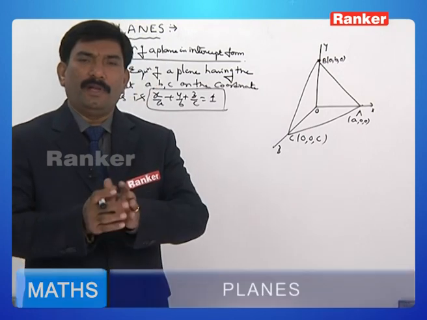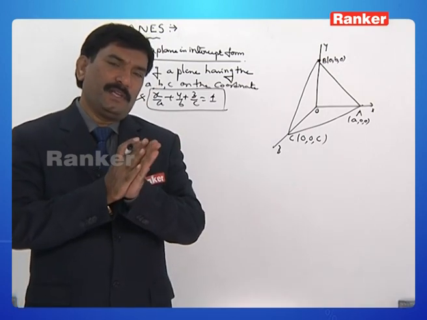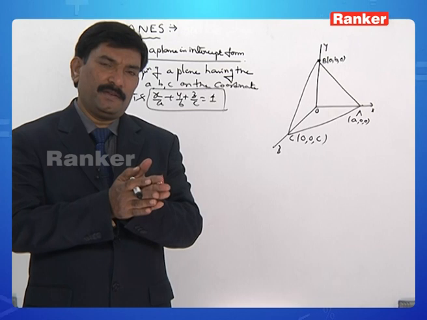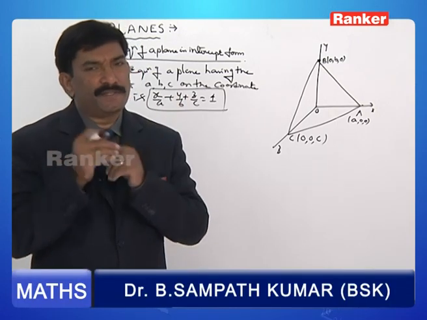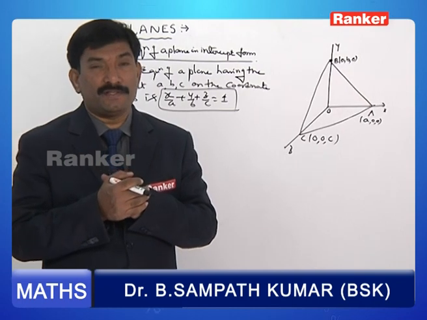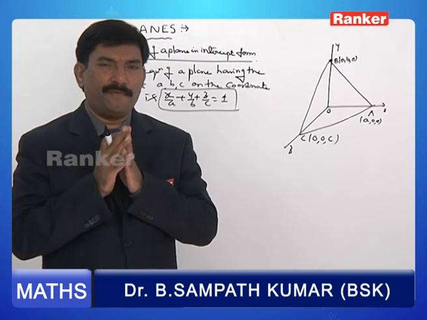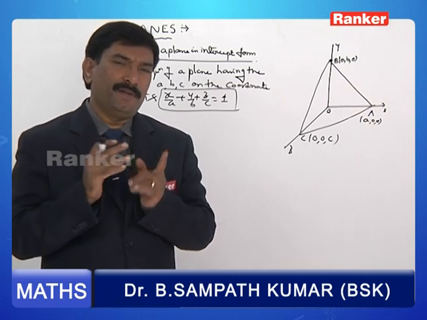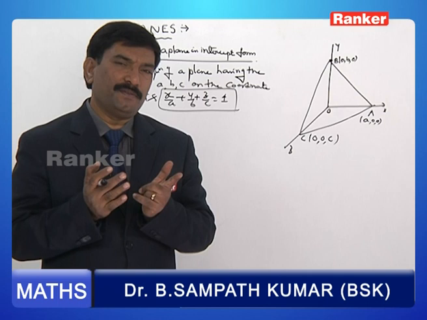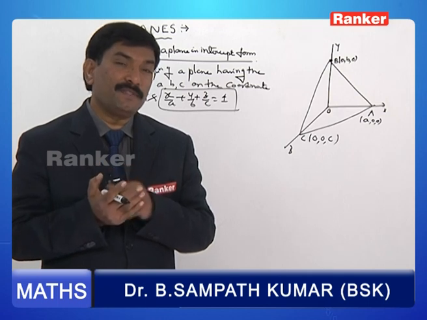So now, I want to find the equation of a plane passing through the 3 points A(A, 0, 0), B(0, B, 0), C(0, 0, C).